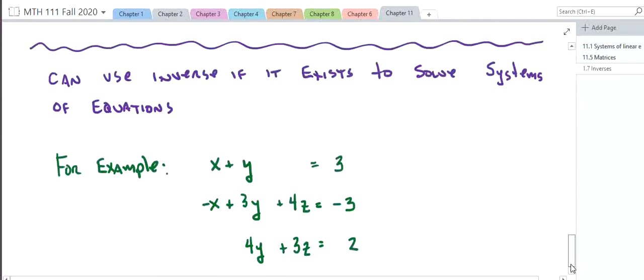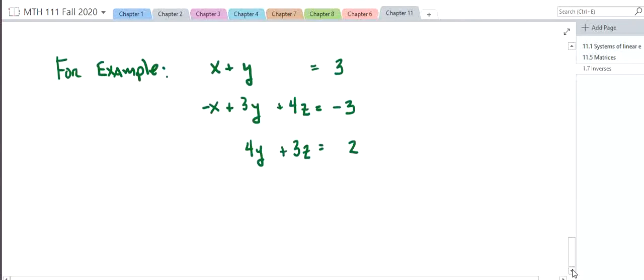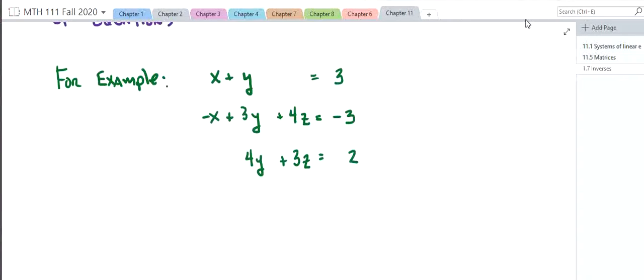For example, let's look at this: x plus y equals 3, minus x plus 3y plus 4z equals minus 3, 4y plus 3z equals 2. This is a system of 3 equations with 3 unknowns and 3 linear equations. We can use matrices and inverses to solve this. Let's set this up so that it has the form of A times an X matrix equals B or Y.